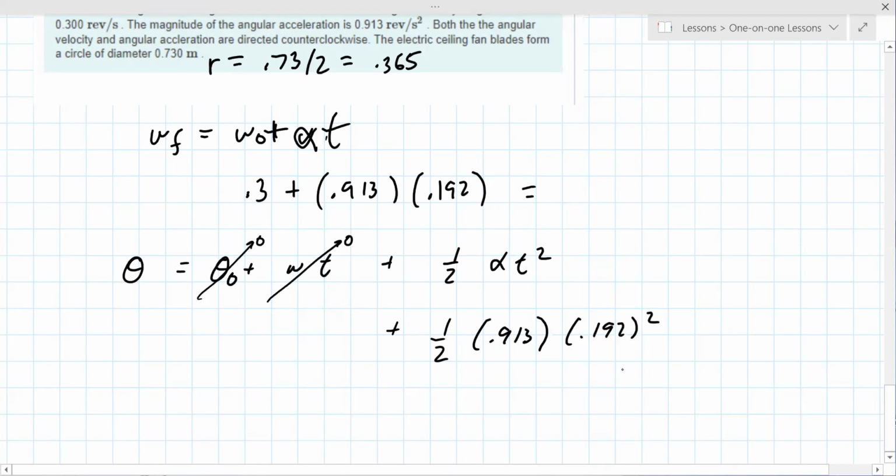So it's just this part here. And then you have to convert that to revolutions. 0.016 revolutions.